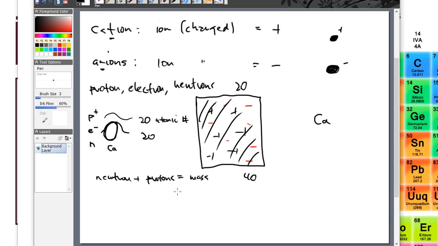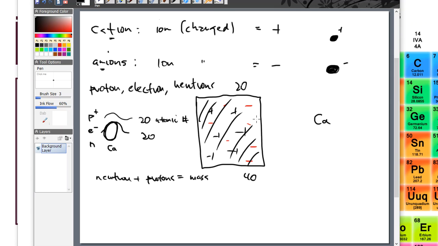Compared to them, the electrons are insignificant. We almost say that they're zero, quite honestly. The mass of an electron is 1 over 1837. That is 1/1,837ths of a unit. That's super, super tiny. That's like 0.005, math in my head.